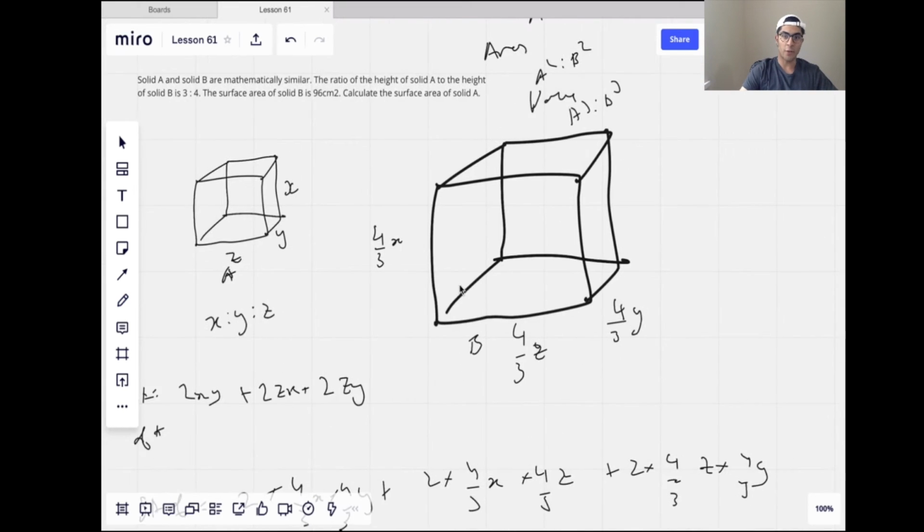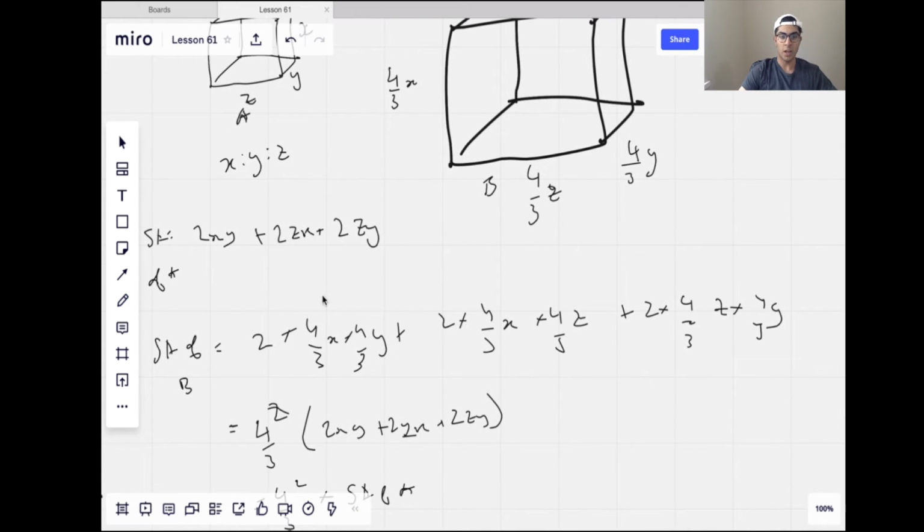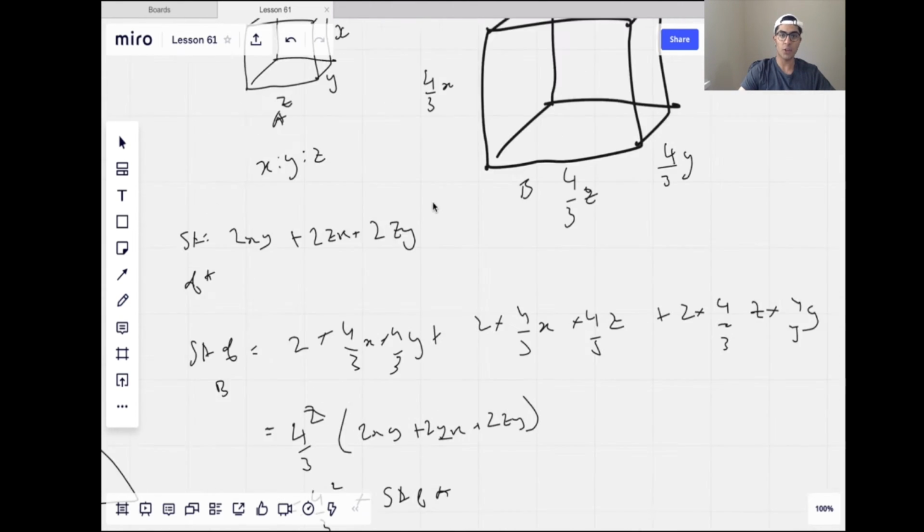You can see why for surface area, for example: surface area is when you multiply one length by another length, so length by width or length by height or whatever. Since there are 2 of those, and each of those has been multiplied by 4 over 3, you get the 4 over 3 squared.